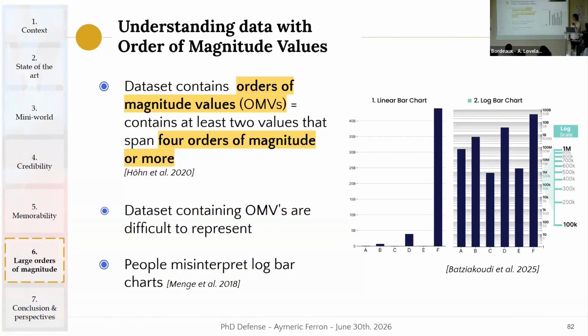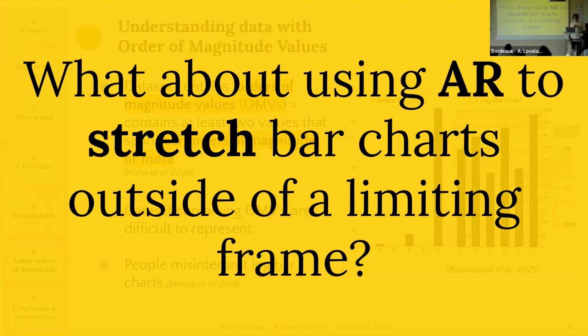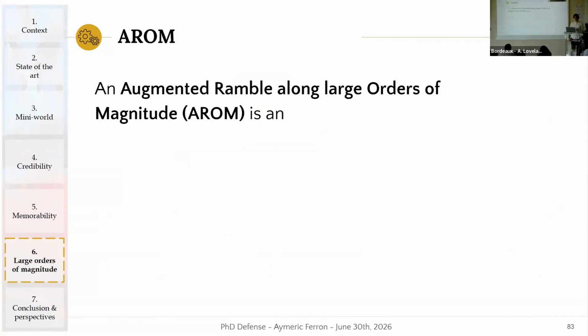So we could probably stay with linear bar charts, and we could maybe stretch the bars to see the differences between the lowest values. But in this case, the big bar would exceed the top of the frame. And maybe we could use AR to stretch the bar outside of the limiting frame. This is the goal of AROM, an Augmented Rumble along large Orders of Magnitudes.